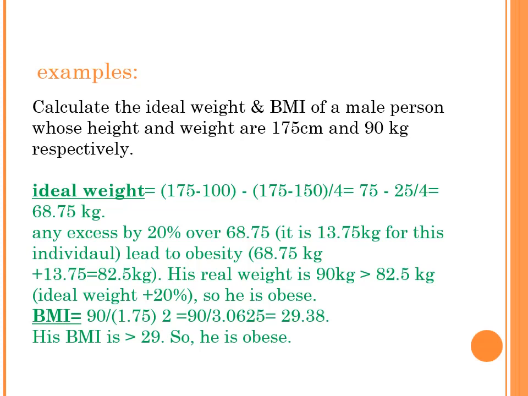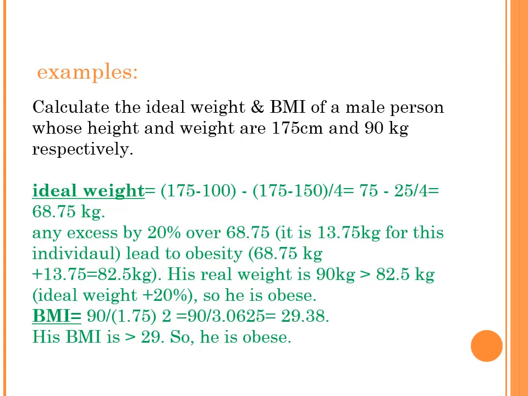Let's calculate now the BMI, which is 90, his weight, divided by, pay attention here to the units, 1.75 squared. The unit used here for the height is meter, pay attention to it, and not centimeters. So the BMI is 90 divided by 1.75 squared.